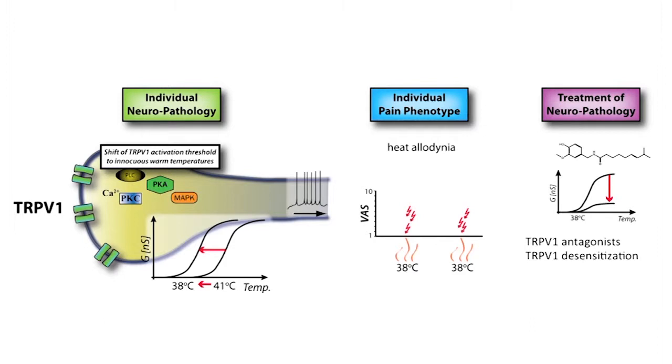For example, in this particular circumstance, a TRP channel antagonist, a TRPV1 antagonist, may be the way to reduce this heightened heat pain sensitivity. And this really is the thesis that I'm going to argue for the rest of the talk. By understanding the mechanisms and how they generate the pain phenotype, we can make the best selection about what is the most appropriate treatment to use in our patients.